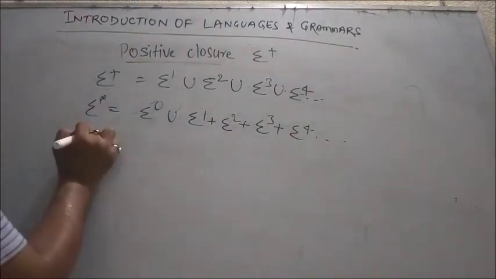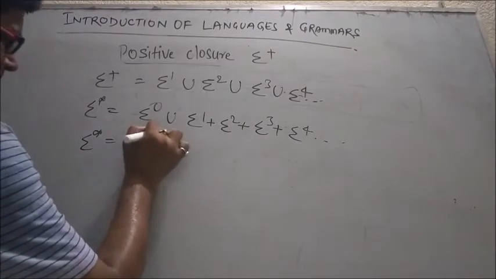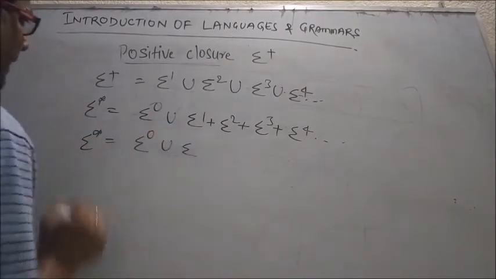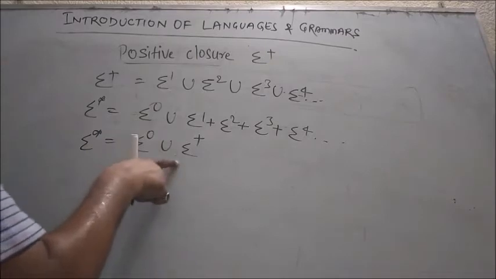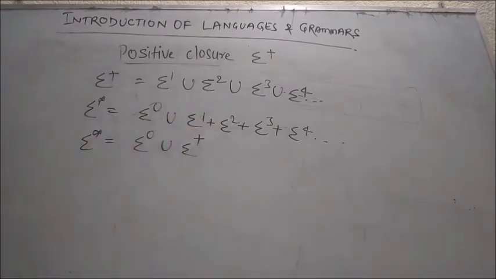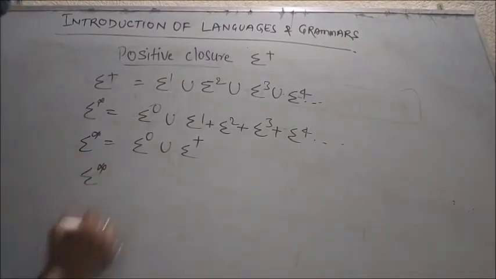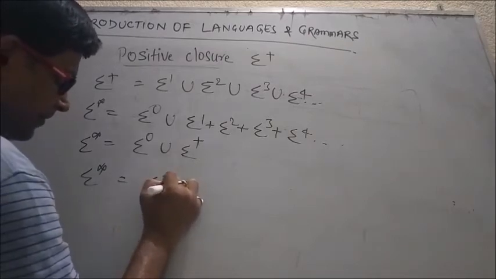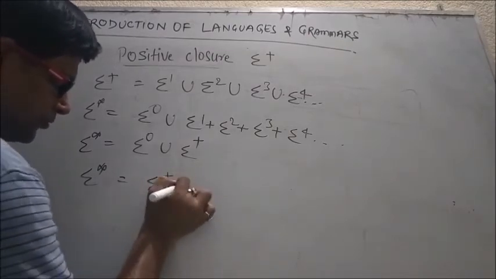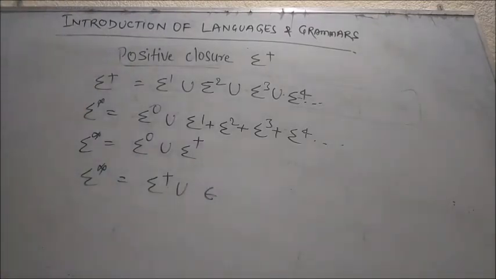That means sigma star is equal to sigma 0 union sigma positive. That is, Kleene closure is equal to the null string union the positive closure. In a nutshell, this is equal to sigma positive closure union epsilon.